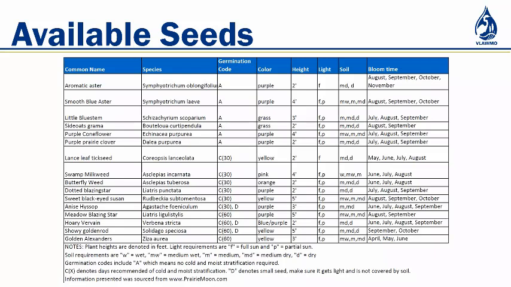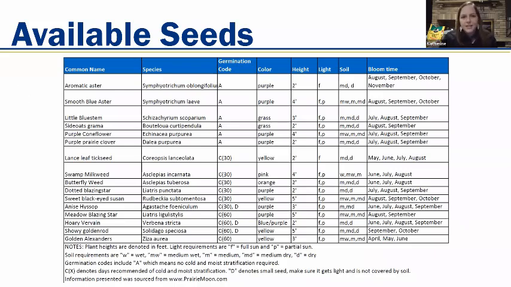And the germination code is only talking about cold moist stratification. And in some cases, if you go to Prairie Moon Nursery, some seeds on there are going to need additional steps like scarification. So you might need to rub it between sandpaper.